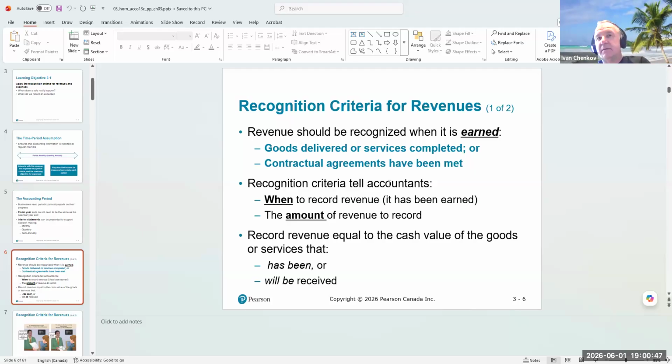Does that make sense? Okay, so now let's pretend that you're paying $1,000 for this course. How many months is the semester at Douglas College?